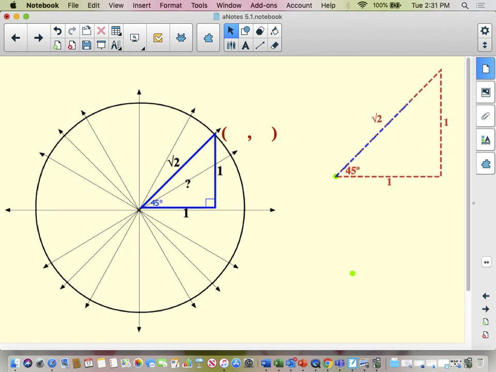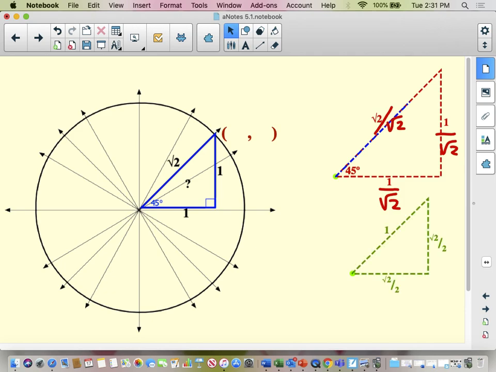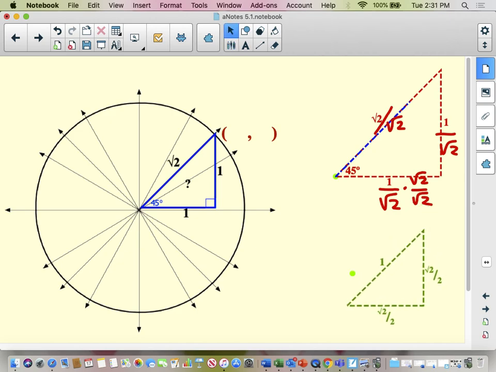So to fix this problem, because my radius is currently the square root of 2, I need to divide by the square root of 2, which means to balance, I have to divide all of my sides by the square root of 2. Okay, and you probably also need to recall that in order to rationalize those denominators, because you don't want to divide by a square root, a radical, I need to multiply the top and the bottom by the square root of 2 over the square root of 2, which is then going to give me this green triangle here.